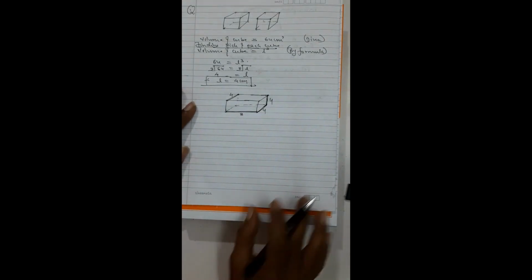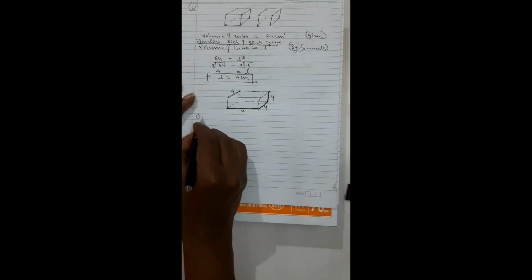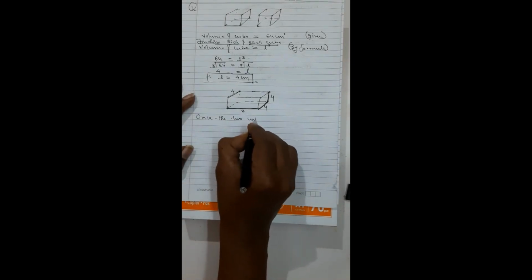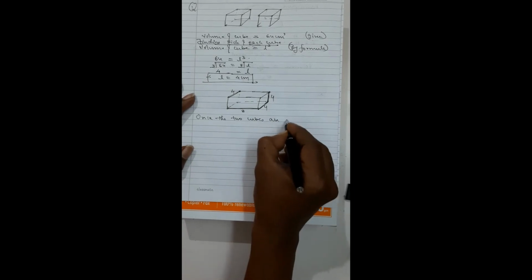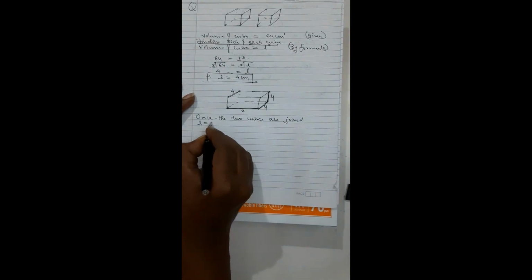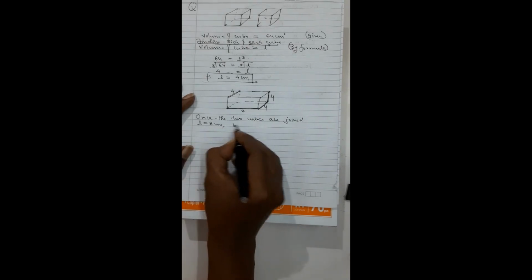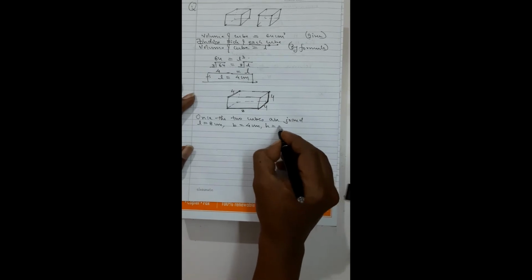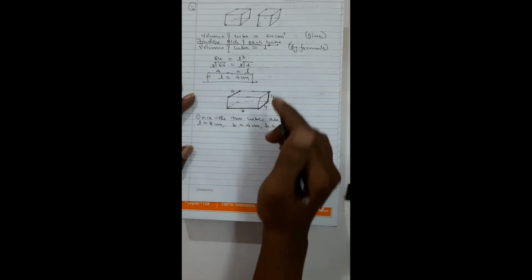Okay. So now you can write over here, once the 2 cubes are joined, length is equal to 8 centimeter, breadth is still going to be 4 centimeter, and height is going to be 4 centimeter even now.